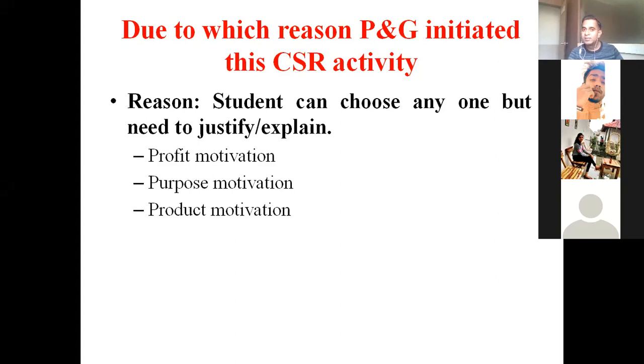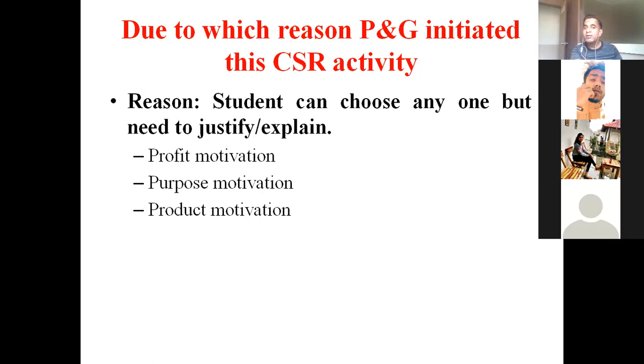Remember this. That is how you can say it. Then if we choose profit motivation as the reason: companies always know that when a company initiates some CSR activity, they can emotionally appeal to the target customers and make them feel that the company is doing a good job, and this way, in addition to the existing sales, additional sales will come, and with additional sales, the company will make additional profits.